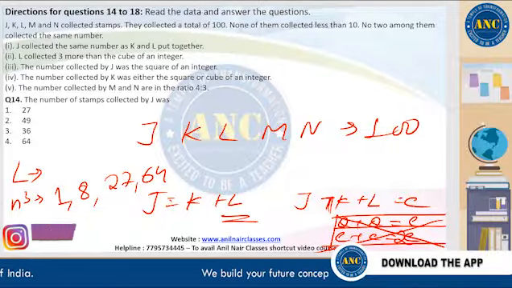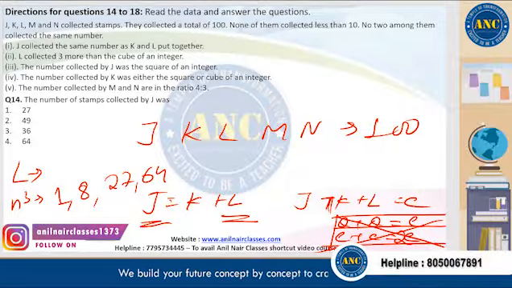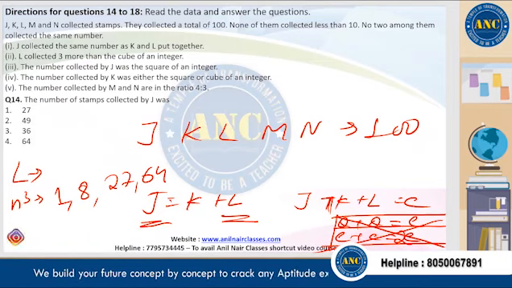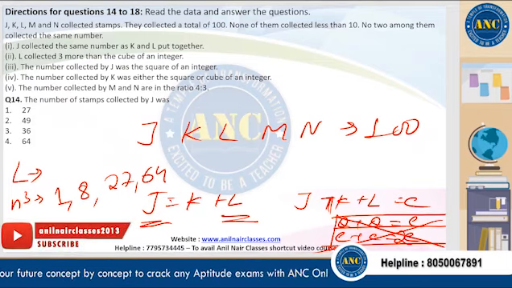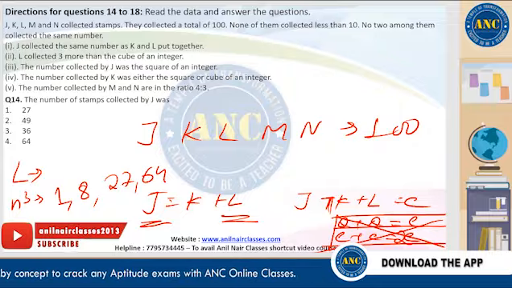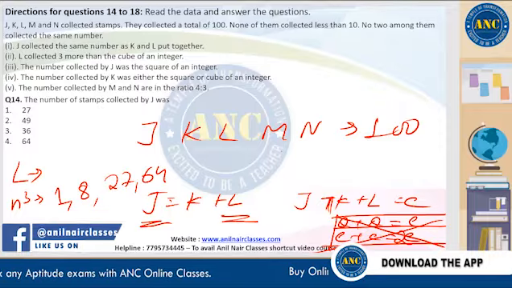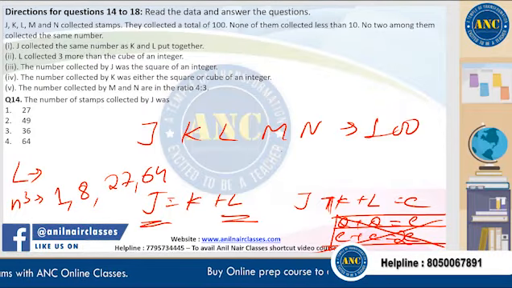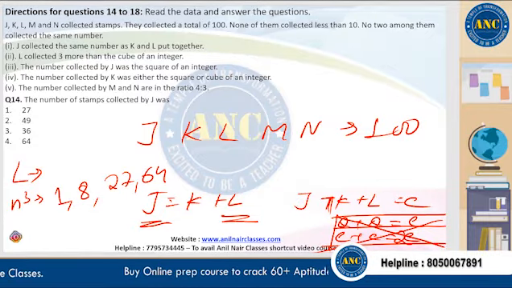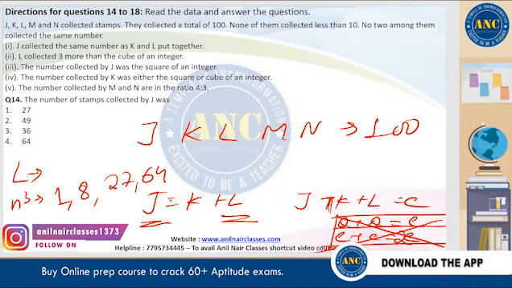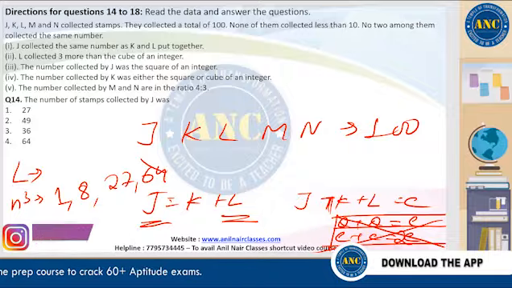But if L alone is 67, J has to be more than 67. The total number of stamps collected has to be 100. If L is 67, then 67 plus J itself exceeds 100. That's a big worry for us because it cannot exceed 100, which means 64 is negated.